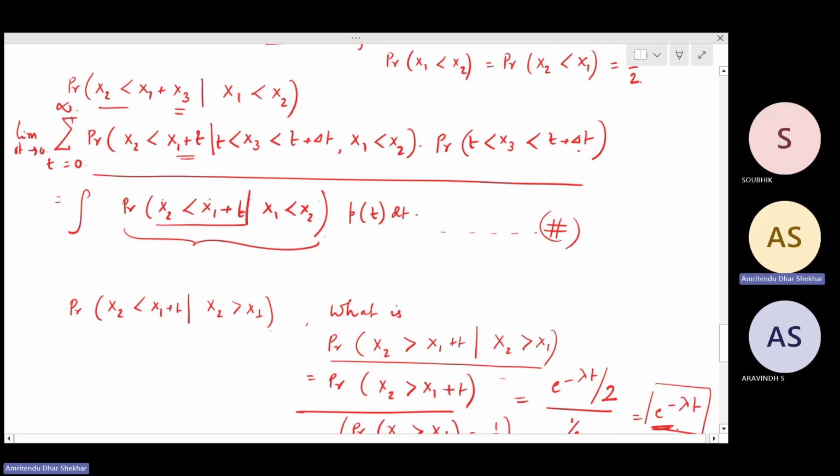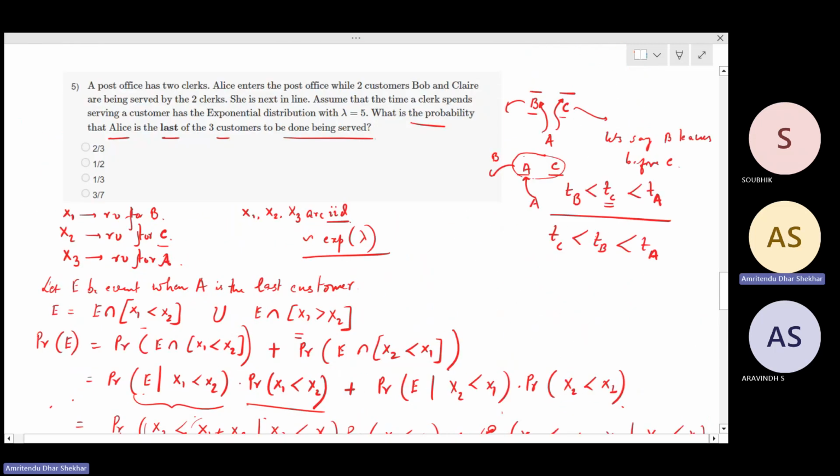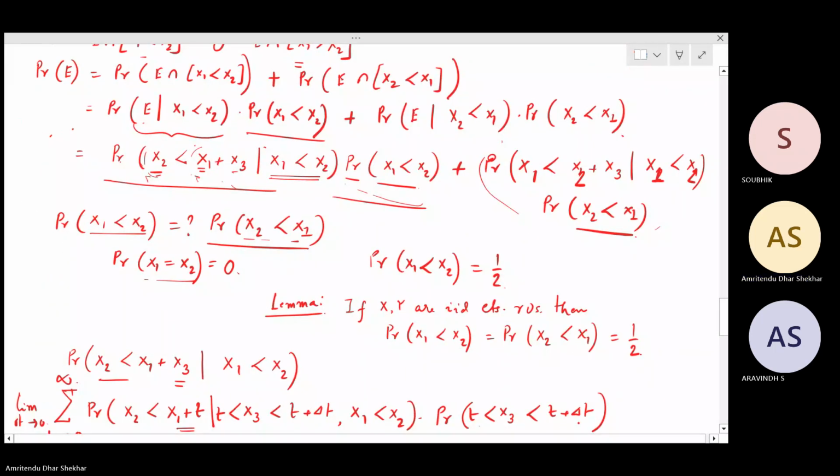Okay, so now we have computed this term, right? So we started off with computing this.